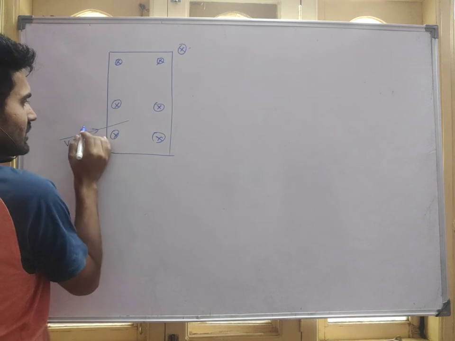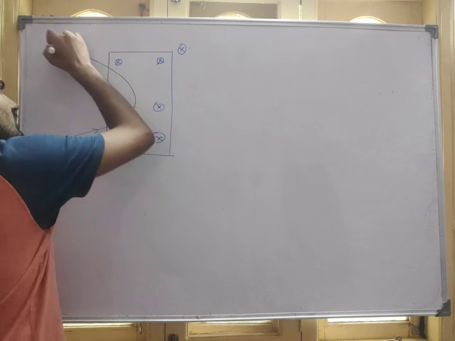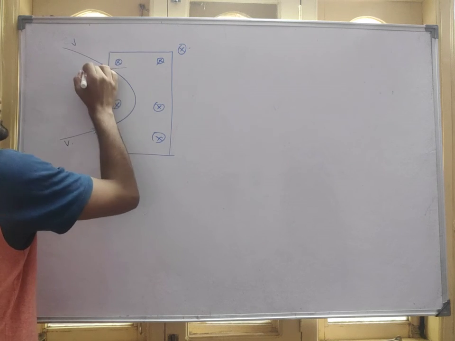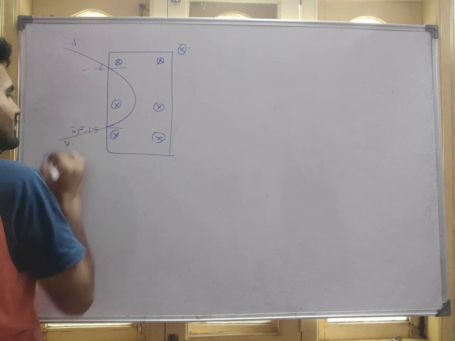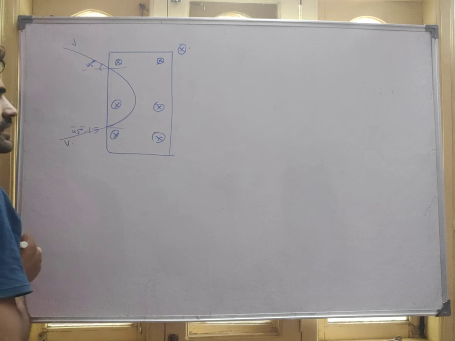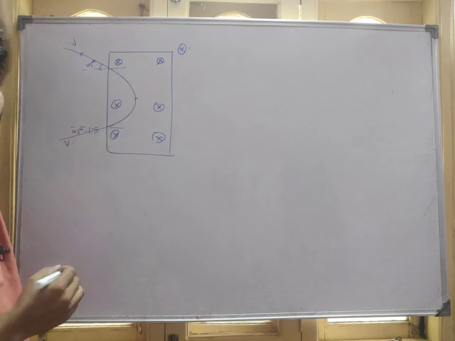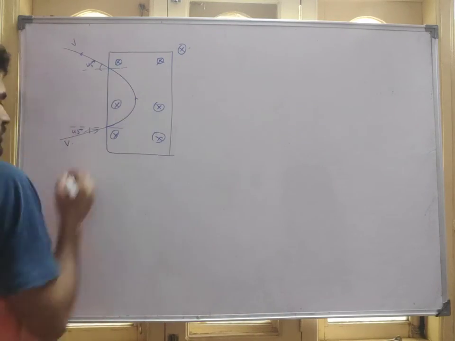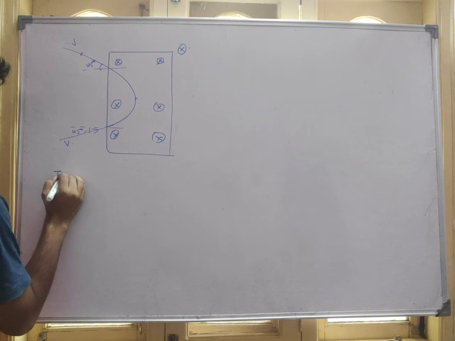It is projected with some velocity v, and it is coming out with velocity v only, and the theta here is 45 degrees. So here also it will make 45 degrees. The particle goes like this and goes out. Now you have to tell me what is the time spent.